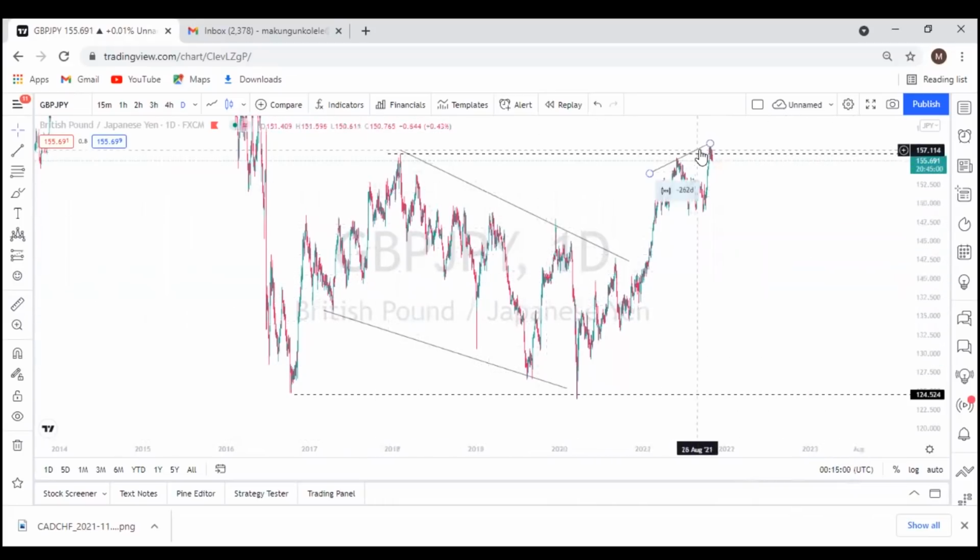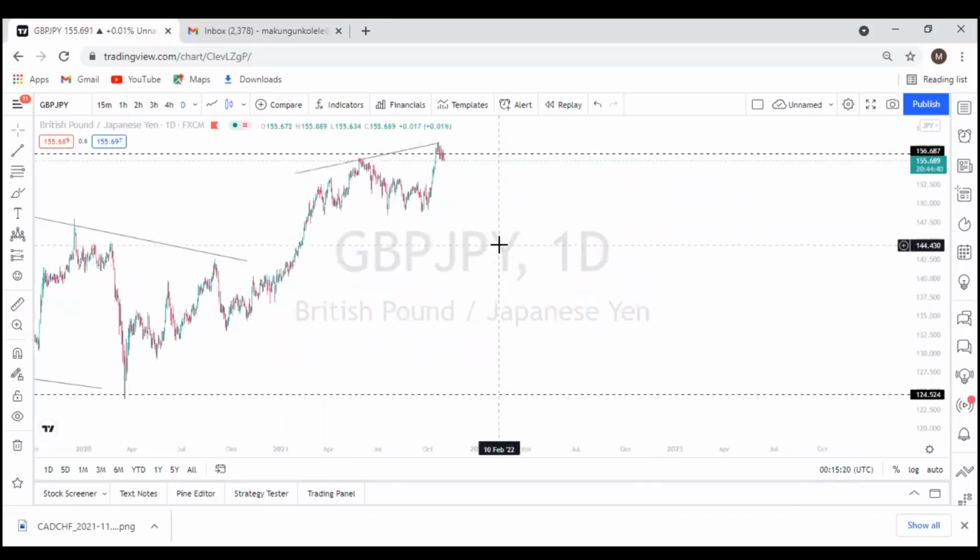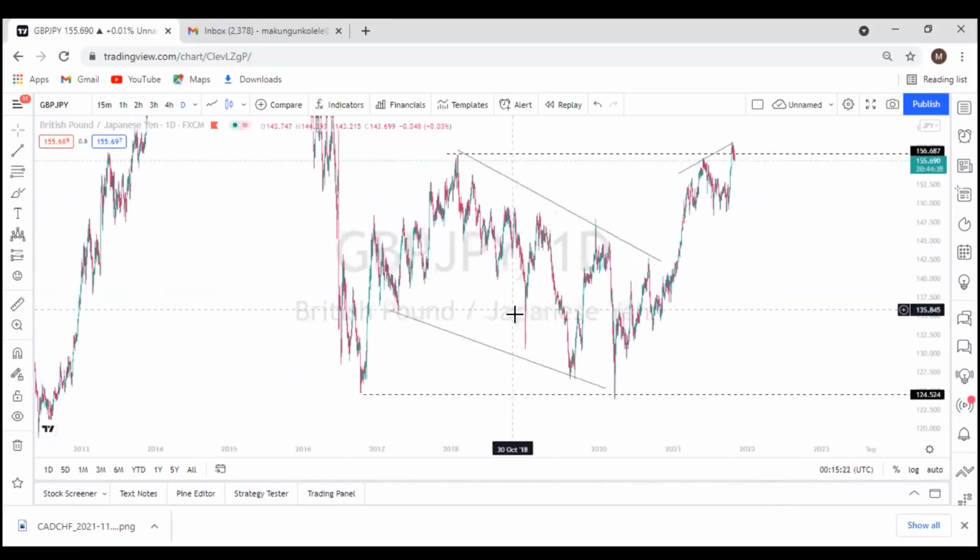So we could be seeing something similar to that, which is a double top, first top here, and then our second top here. So we could be seeing something like that, and that's okay. That's actually what I'm in favor of.